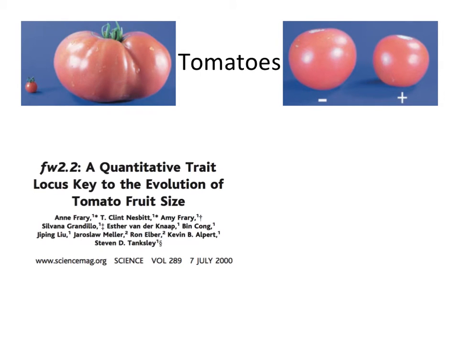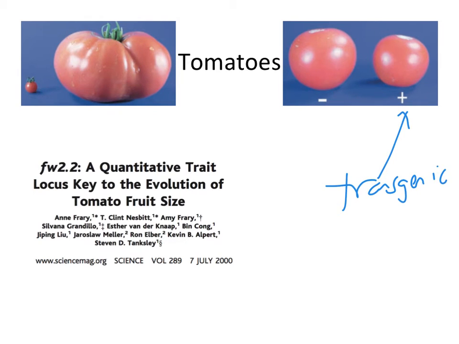Okay. We started with tomatoes. We've got the small tomato, we've got the ginormous tomato. I said those were different varieties. They're different species. And you can make a transgenic tomato, as they did in this paper.